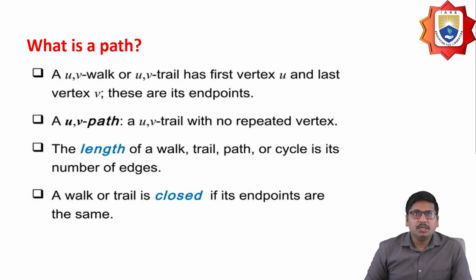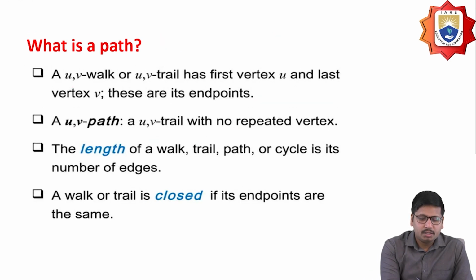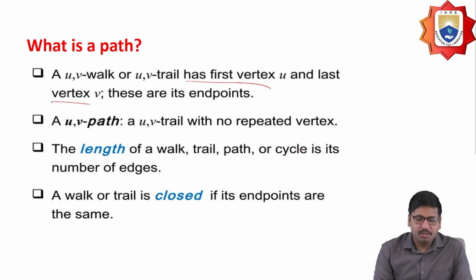So what is a path here? A UV path is nothing but a trail that has the first vertex U and the last vertex V. So these are the endpoints. The length of the walk, trail, path or cycle is the number of its edges.